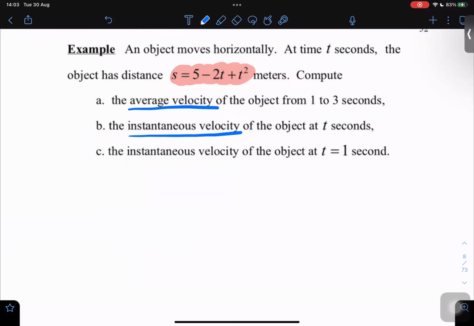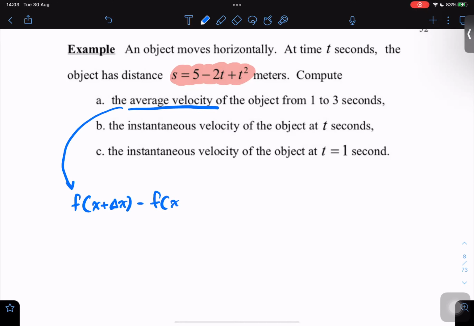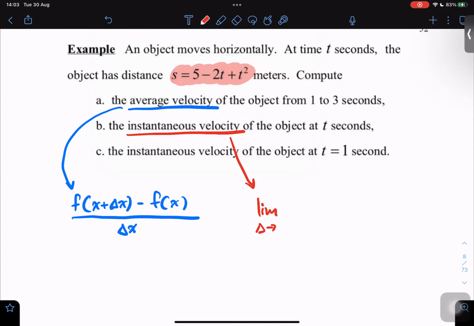For the average rate, do you remember? Average rate is f of x plus delta x minus f of x over delta x. Instantaneous velocity is the limit as delta x approaches 0 of f of x plus delta x minus f of x over delta x.